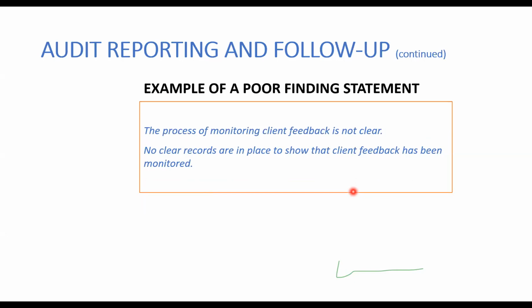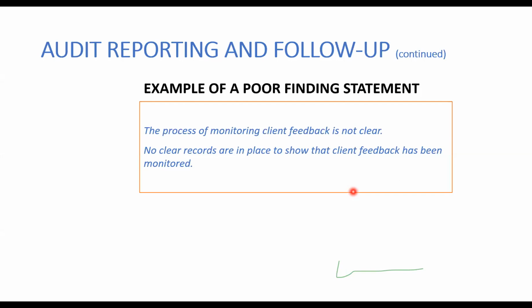For example, this is an example of a poor finding. The process of monitoring client feedback is not clear. You have just given the idea. No clear records are in place to show that the client feedback has been taken. So there is no evidence available. There is no requirement available. Although the finding statement, the issue, is correct, nobody will say that you have identified an inappropriate evidence.